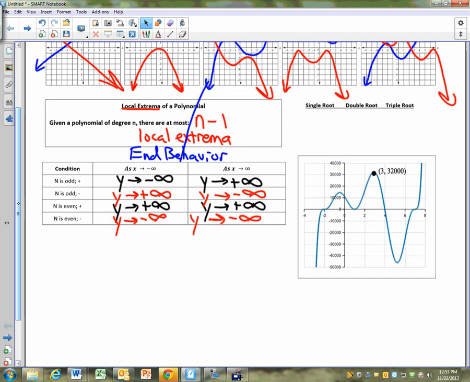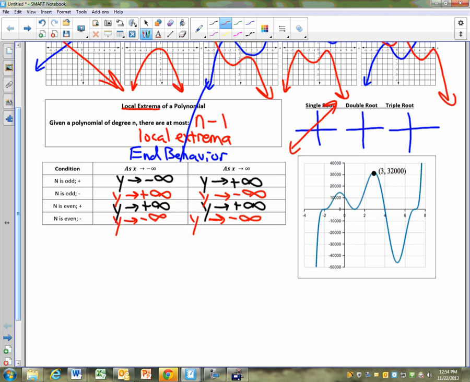Last thing we're going to do is look at single, double, and triple roots. So when we graph these, some of the interesting behavior, we have the end behavior. What it does is it goes on forever. But we also have this intermediate behavior, sometimes hidden behavior, and we look at single, double, and triple roots. And a single root looks like this.